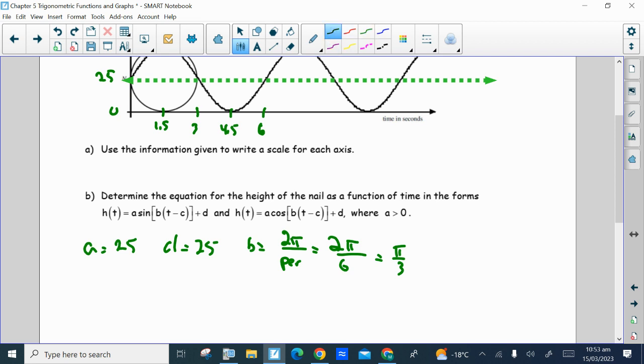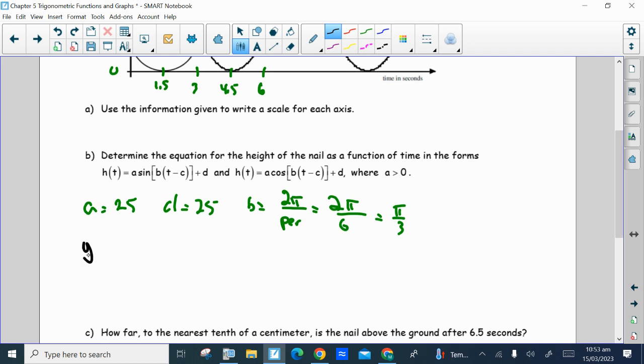So if we're going to write this equation for a sine function, it'll be 25 sine of pi over 3 t plus 25. We determined our B value to be pi over 3, and our D value is plus 25.